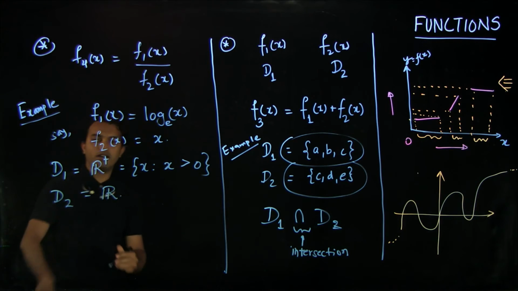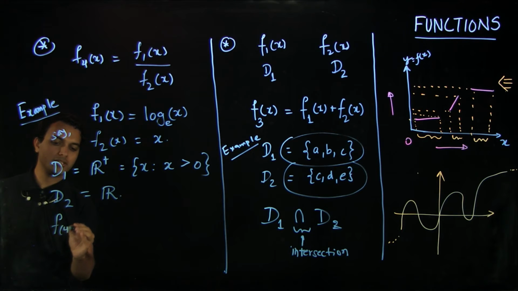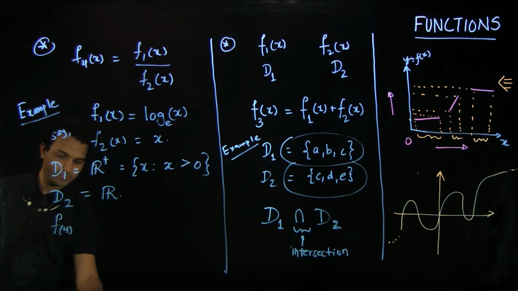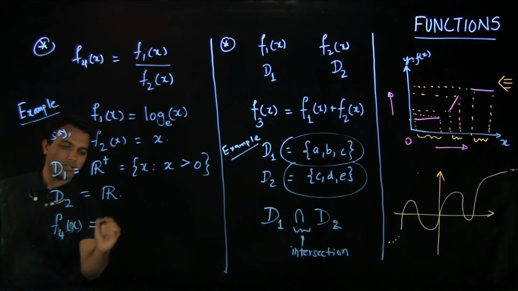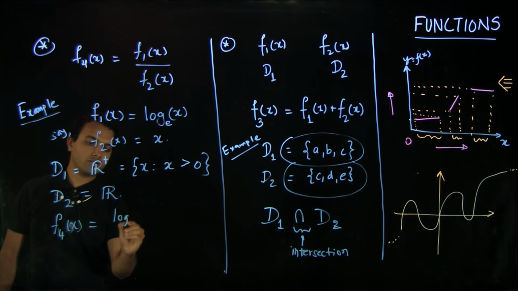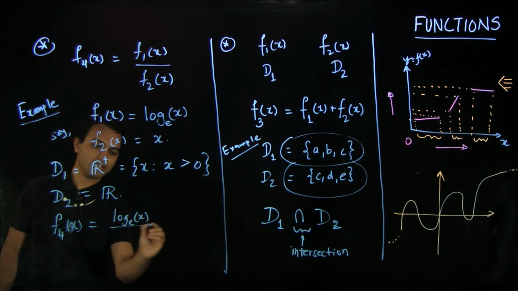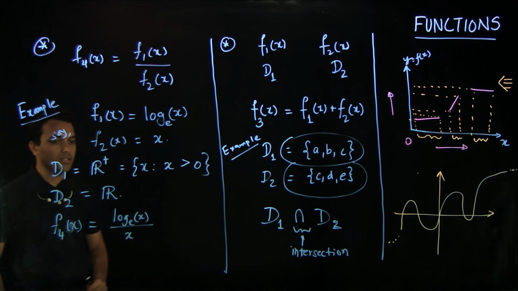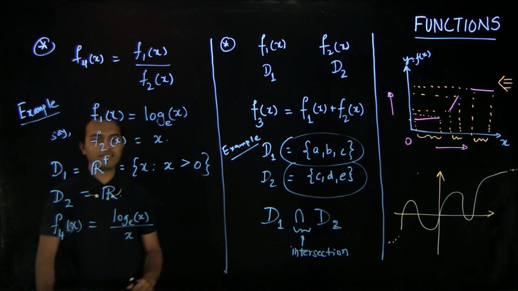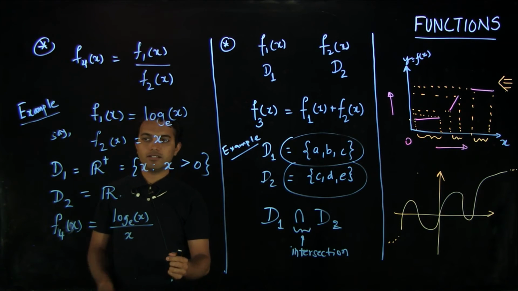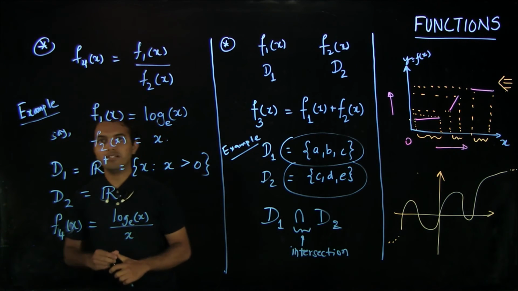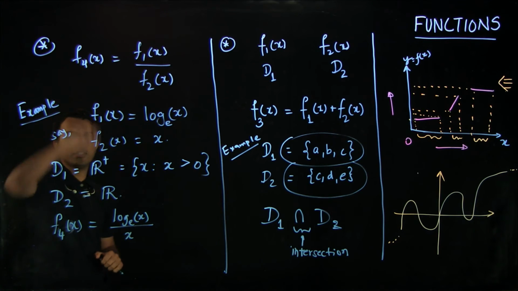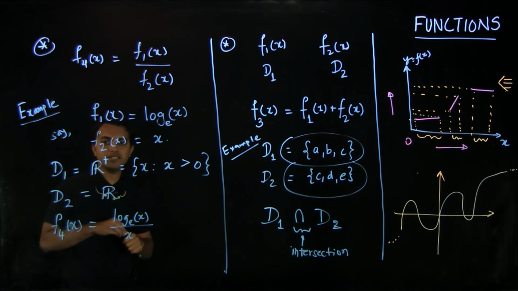Now clearly, if we see what f4 of x is using these two definitions, in this case f4 of x is log of x upon x. Clearly, if x is negative, the numerator isn't defined. So this rule still holds, that for an element to be in the domain of the resulting function, which is obtained by division of one function by the other, the element should lie in the domain of both.